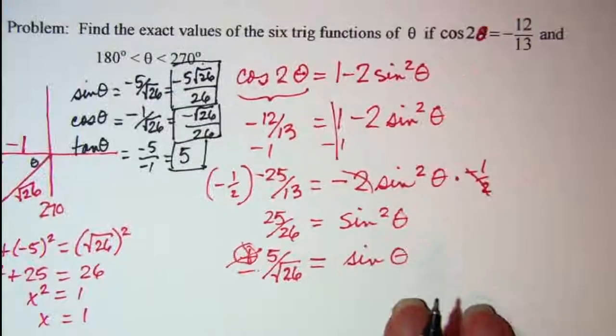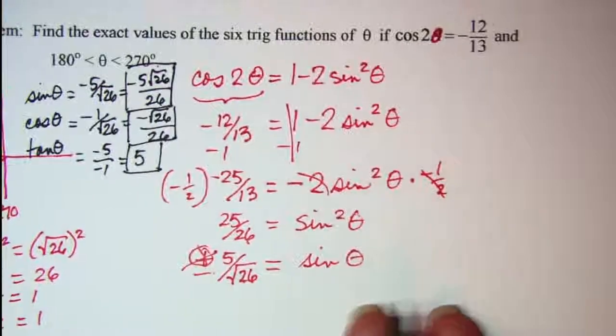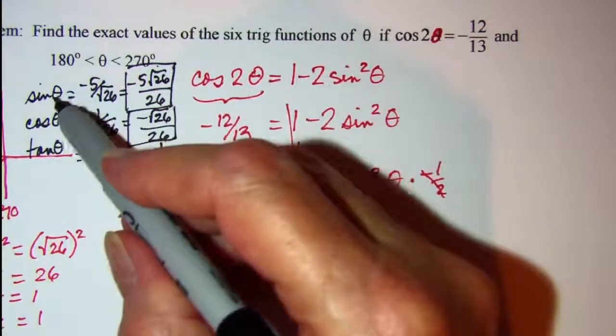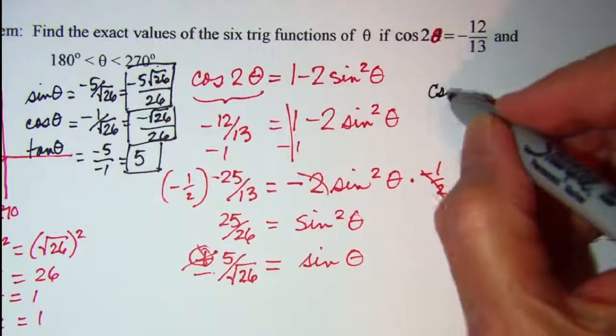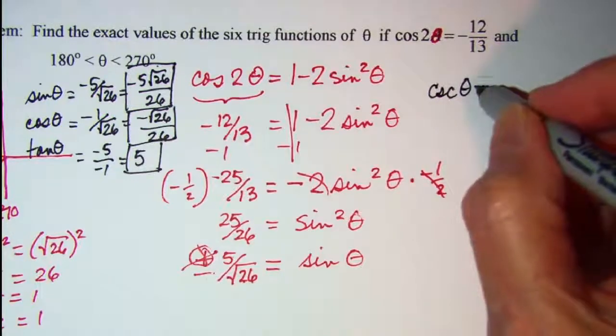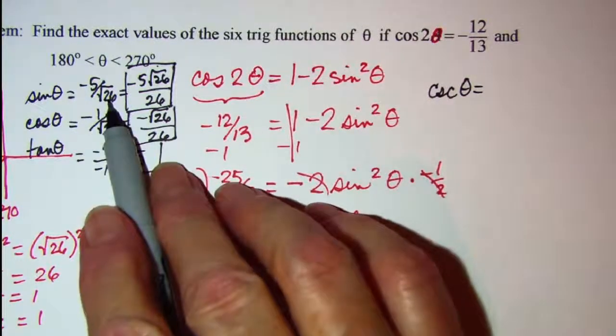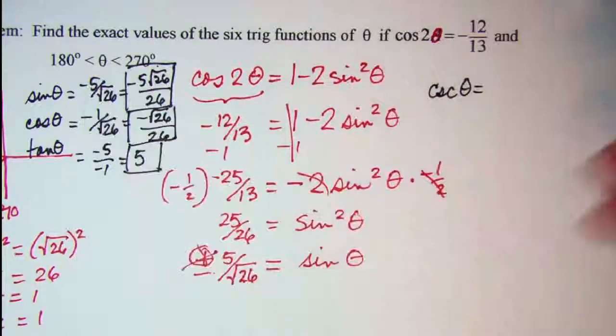And I can find the reciprocal trig functions. The reciprocal of sine is cosecant, so cosecant theta is going to be negative root 26 over 5.